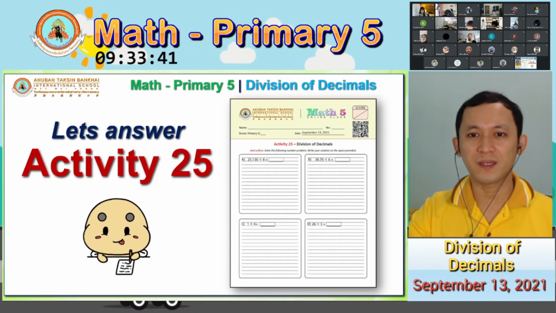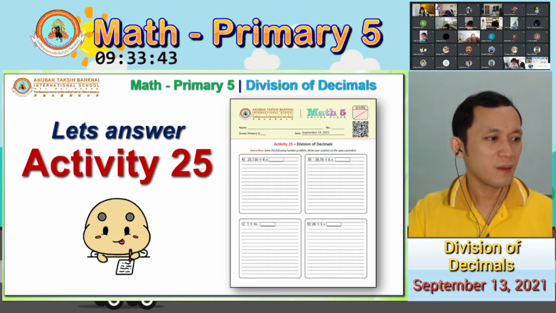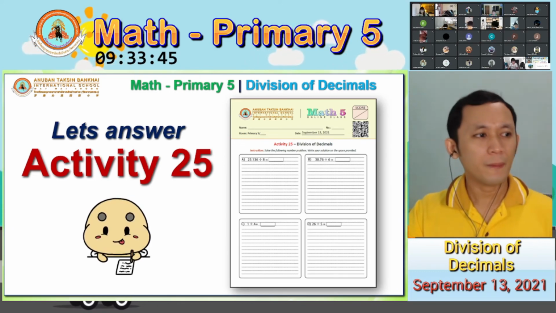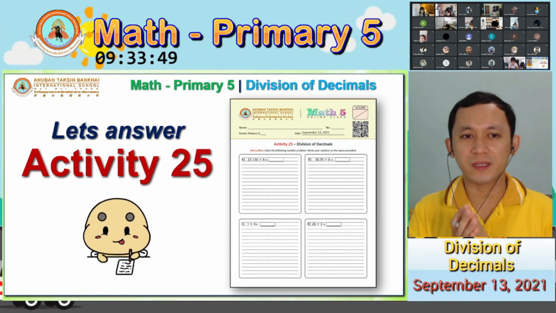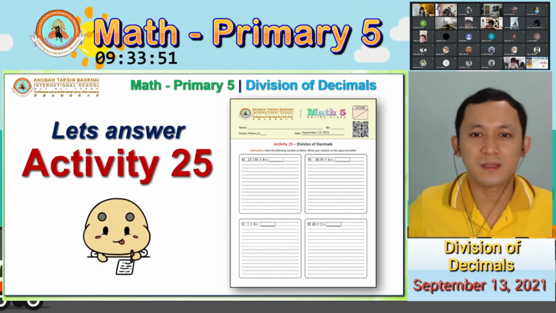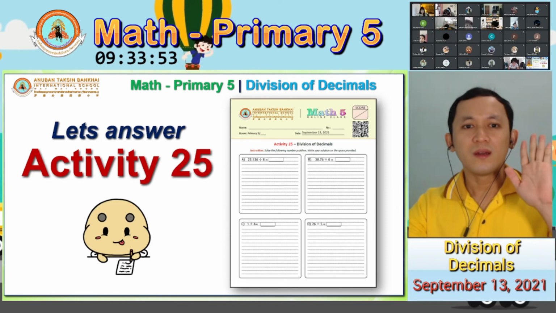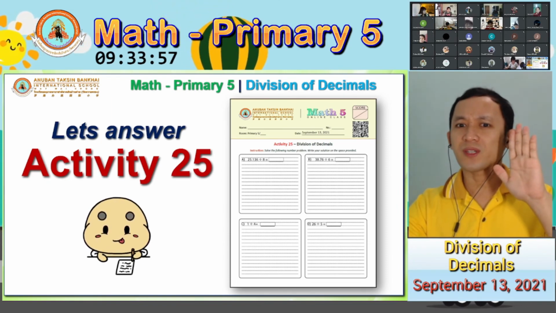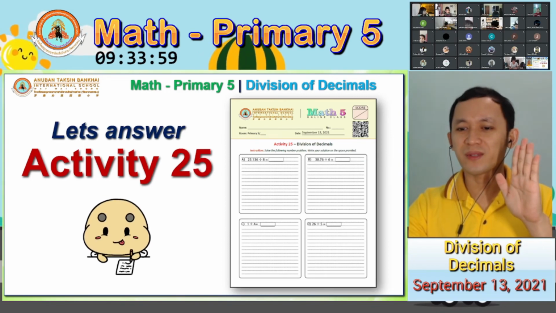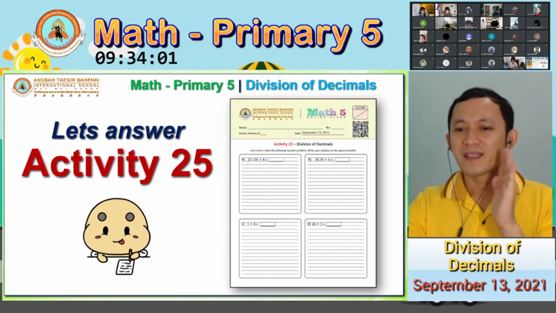Sorry, we have here activity number 25. Any question about our discussion? Our topic, which is the division of decimals? Question? No question? You are still answering? Okay, you can answer later.